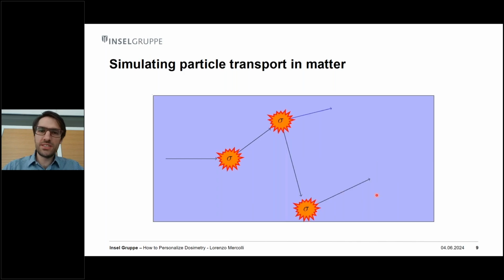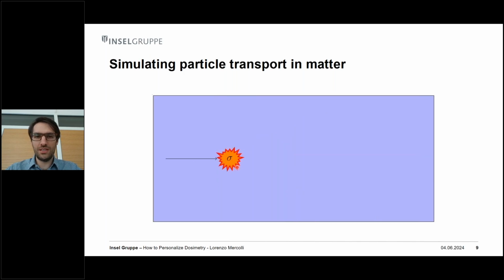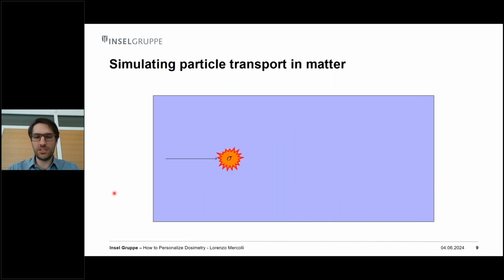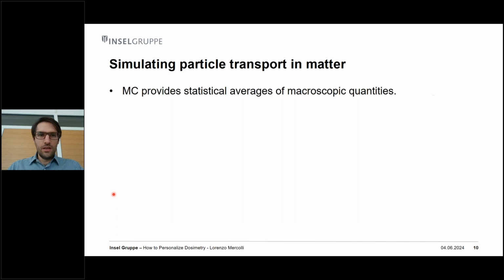And in the end, we just see, well, at every point in space, or in every point in our simulation, what was the energy that was deposited by all these point interactions? So Monte Carlo simulations, they provide a statistical average of some macroscopic quantity. So for us, it's the dose.